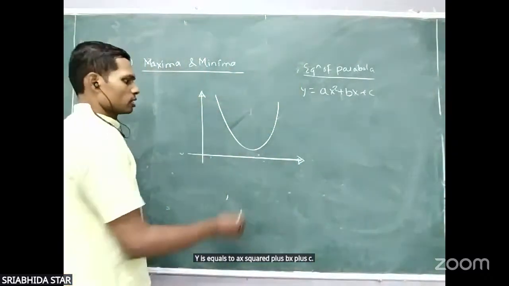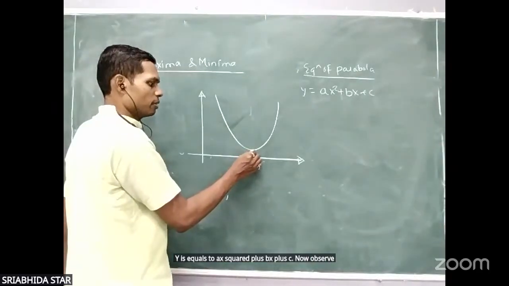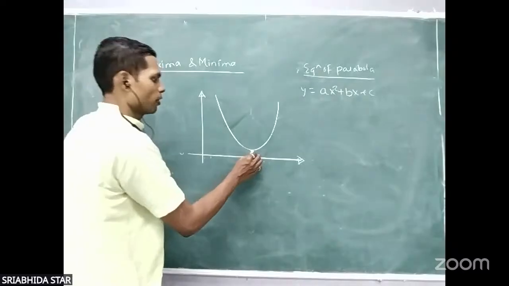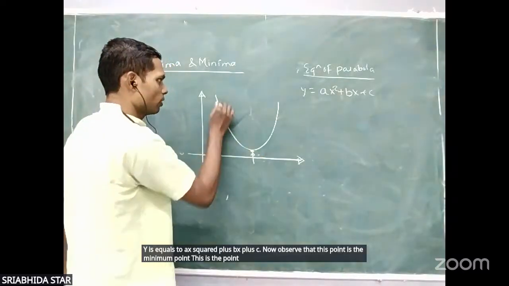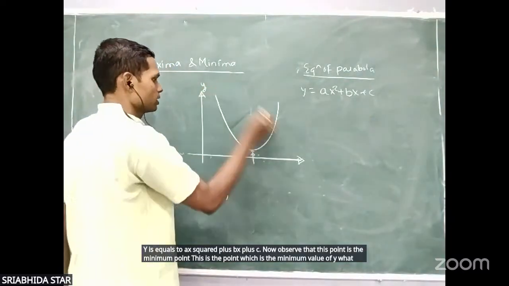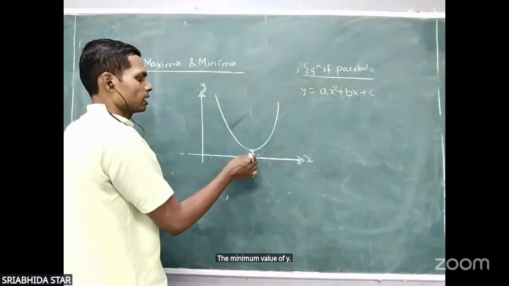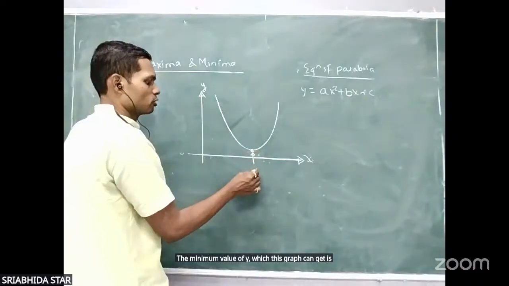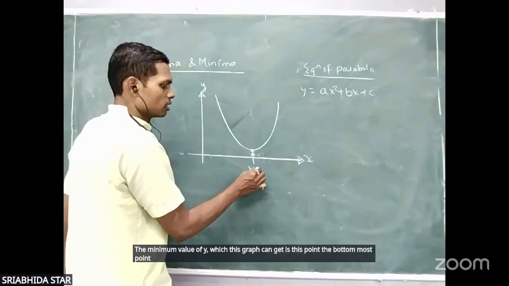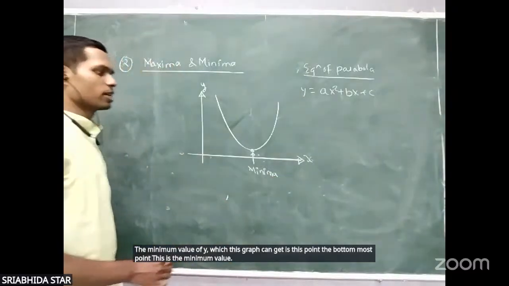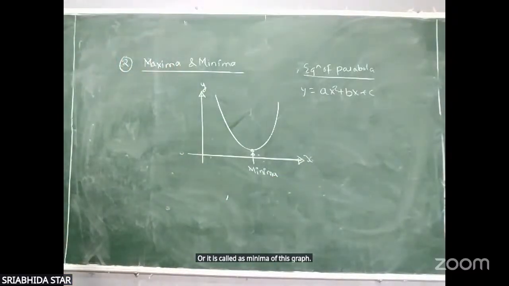Now observe that this point is the minimum point. This is the minimum value of y that the graph can get. This is y, this is x. The minimum value of y which this graph can get is this bottommost point. This is called the minima of this graph.